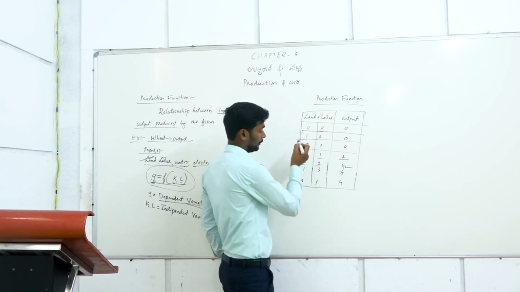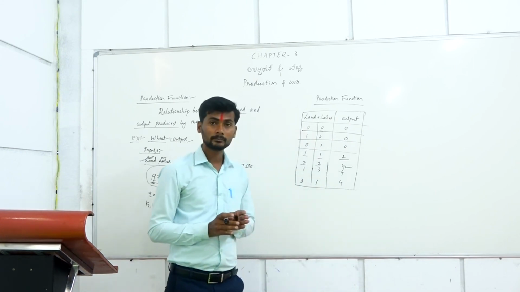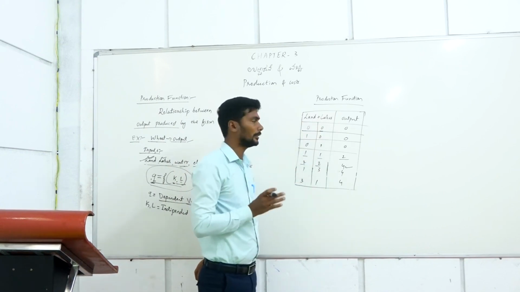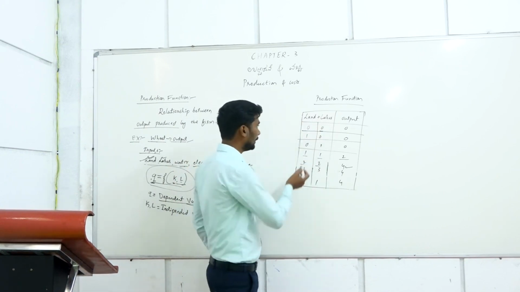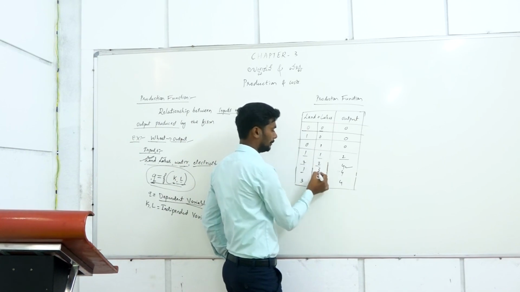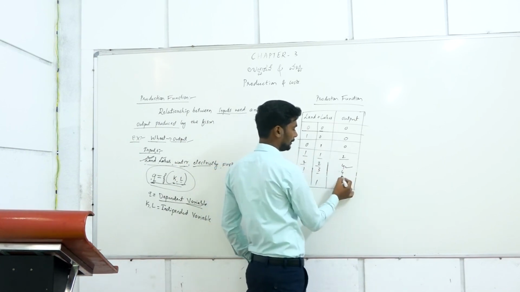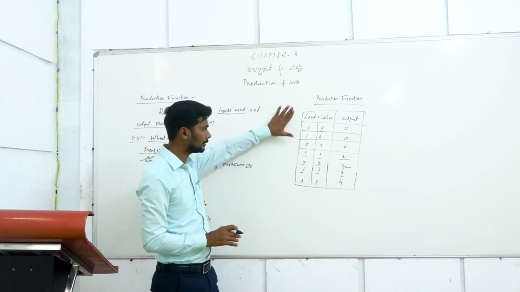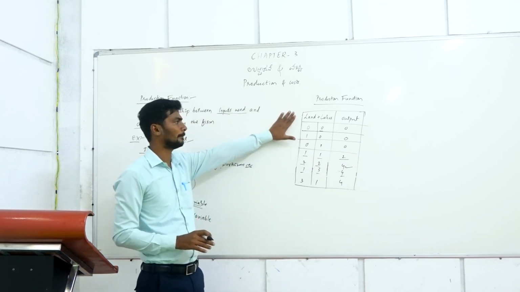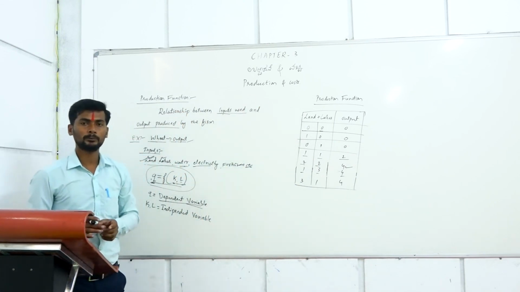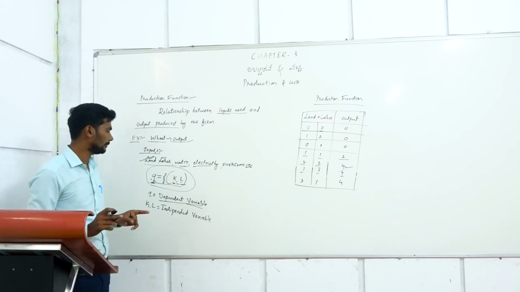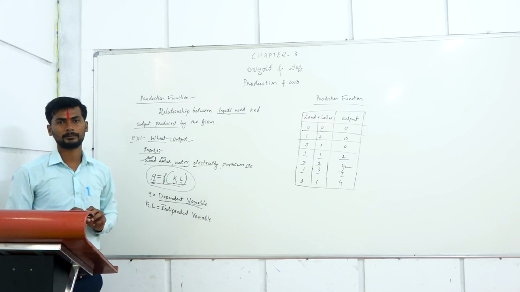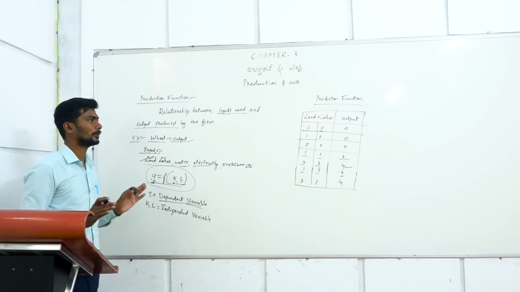Here land is 1 acre and labor is 3, so here production is increased, and here also production is increased. So this table shows that the level of output depends upon the amount of inputs used in the production process.